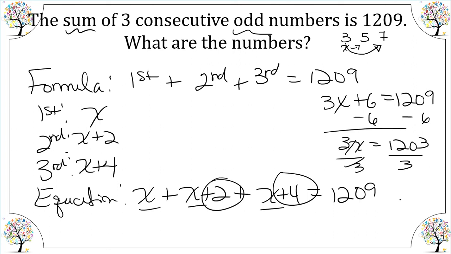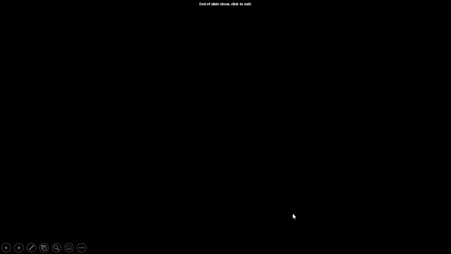And so when we divide this, and I know we can easily divide it, we get 401. So our first odd number is 401. Our next would be 2 added to that, 403, and then we would get 405. And I hope this helps you.